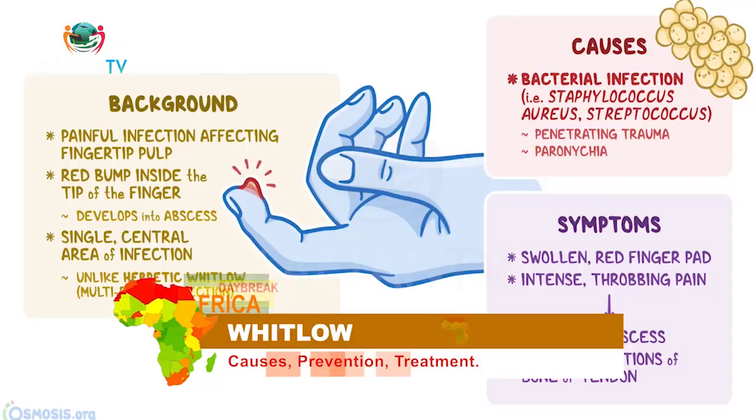I don't know if you can tell us more about the causes of Whitlow. Apart from the three that you've told us, are there other ways that people can come down with Whitlow? That would now be more of risk factors. Okay. More of risk factors.